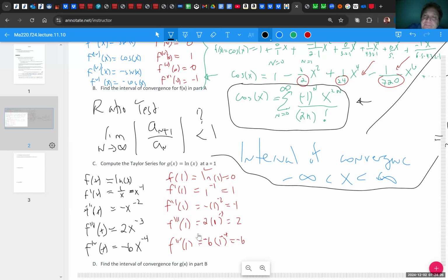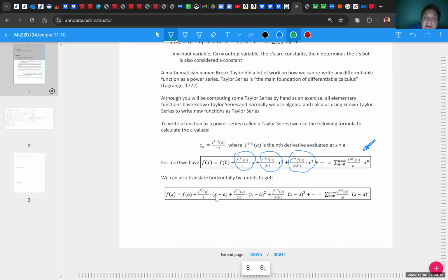You could refer back to the previous Taylor series or the first page where I've written out the Taylor series. I wrote out the Taylor series when it's centered at a non-zero number, like at 1. So the only thing that changes is that you're not going to have x to a power. You're going to have x minus a, or in this case, x minus 1 to a power.